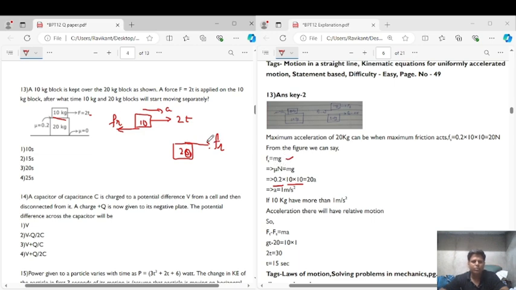The normal reaction force, because of this 10 kg block, will be 10 into 10.